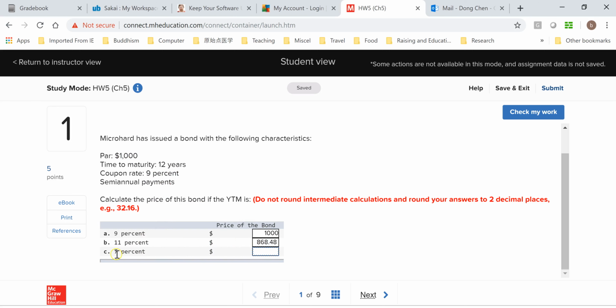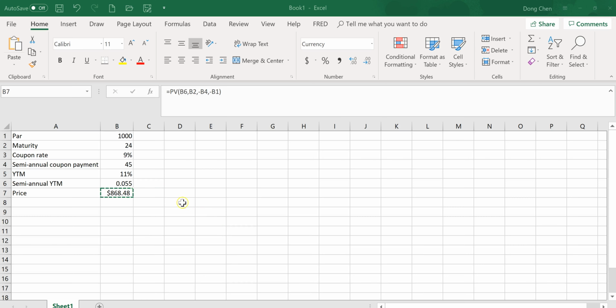So when we get to part C, the YTM in this case is lower than the coupon rate, hence the price we calculate will have to be above the par value. So we can check on that, change this to be 7, and see what number for the price will result.